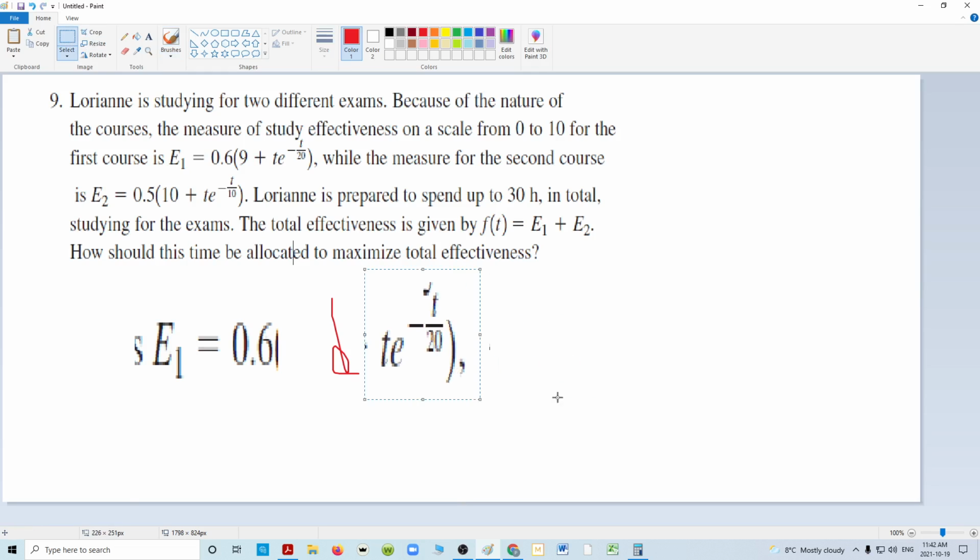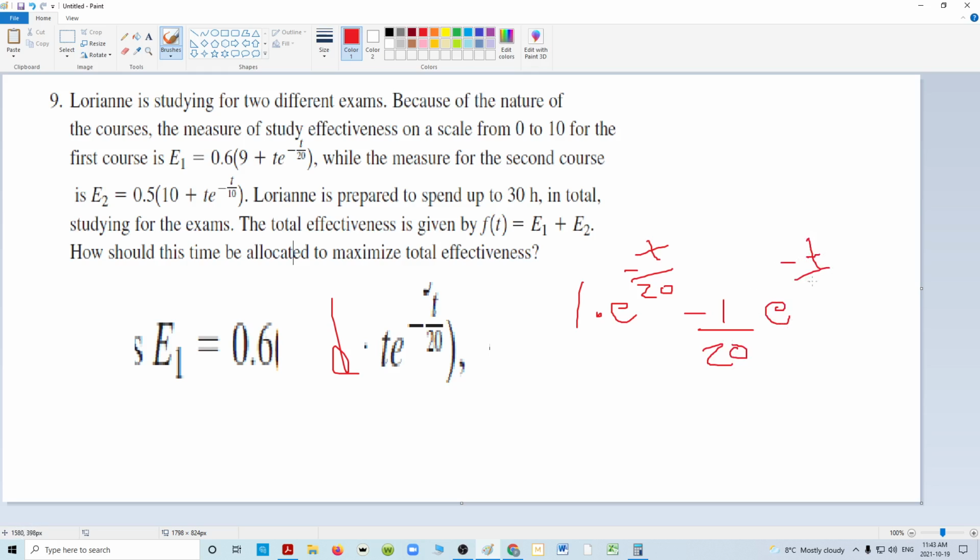However, the reason this is complicated is this is a product. So you get the derivative of t, which is 1, times the other function, plus the derivative of this function, which turns into negative 1 over 20, times the main function, times t.